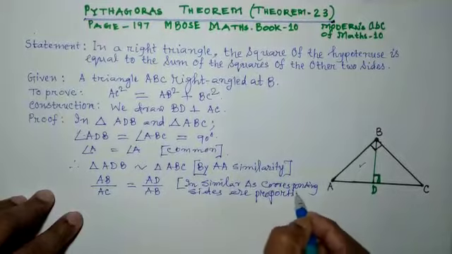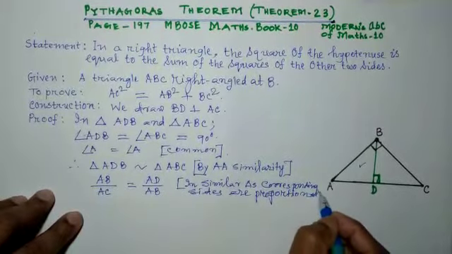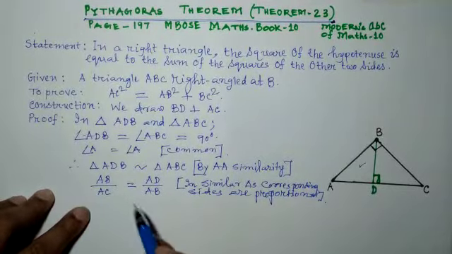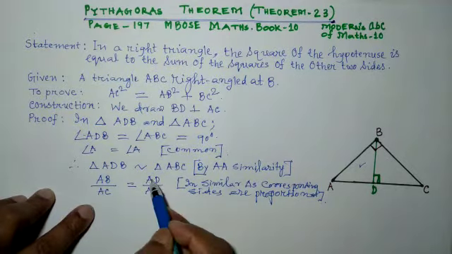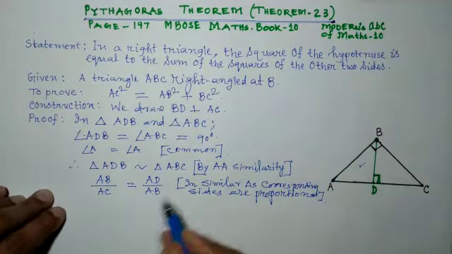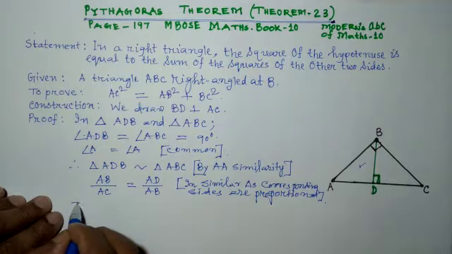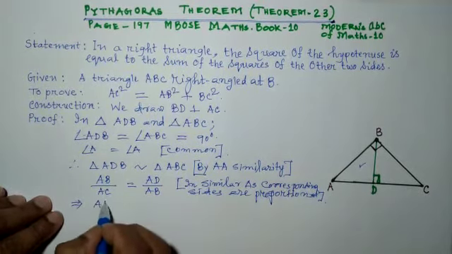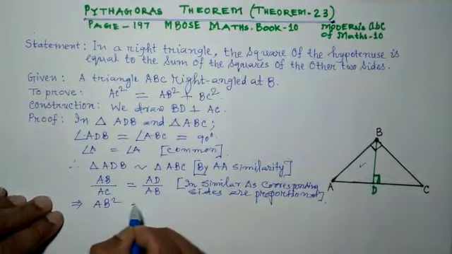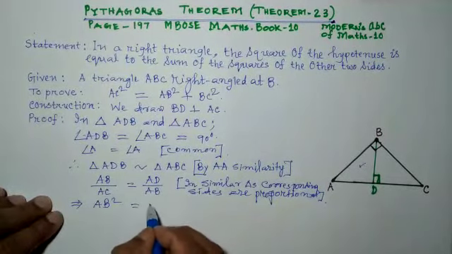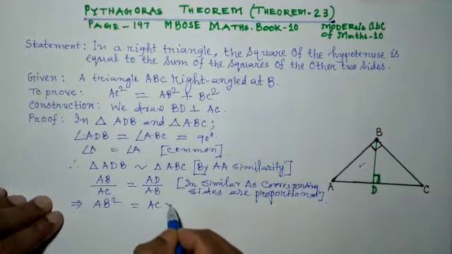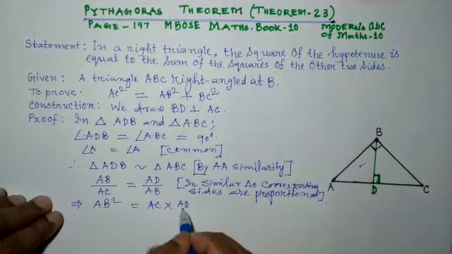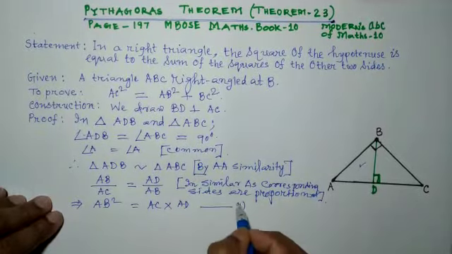So if they are proportional, we have written AB by AC is equal to AD by AB. We do the cross multiplication now: AB into AB, AB square, is equal to AC into AD. This is number 1 we can give.